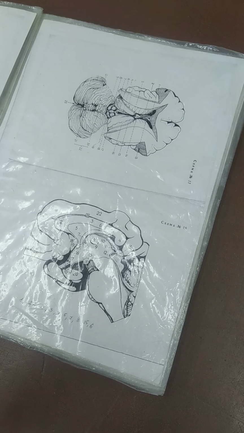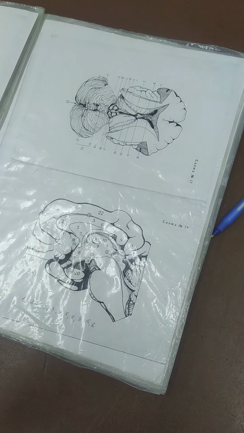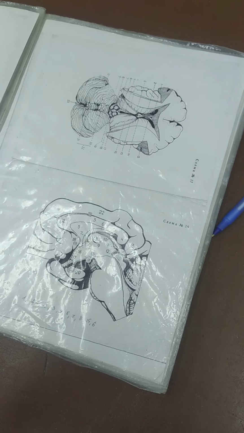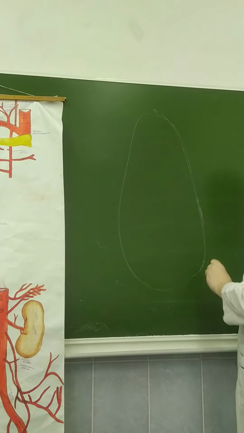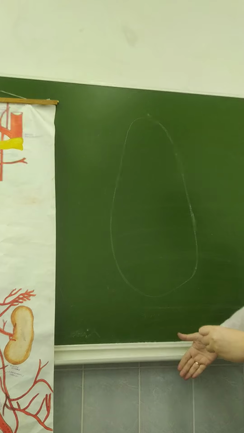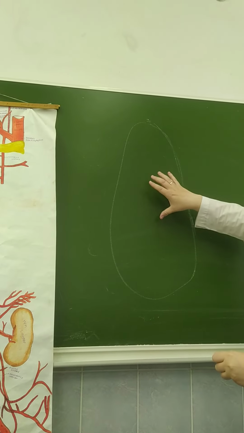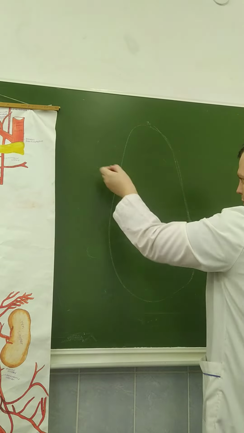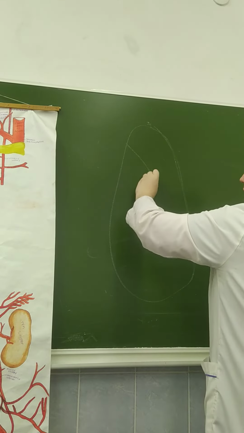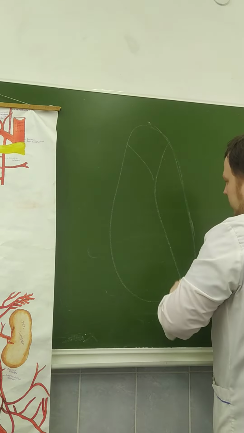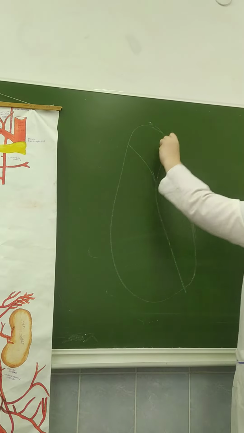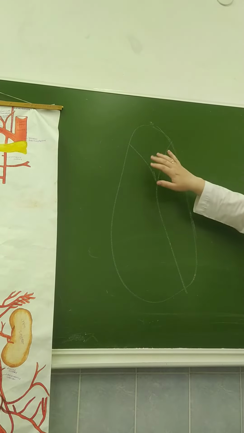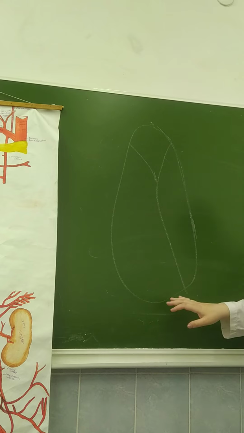If we draw the section of the thalamus, it will be a horizontal section. Mostly gray matter, but there is a Y-shaped layer of white matter which separates it into three parts: superior, middle, and lateral.